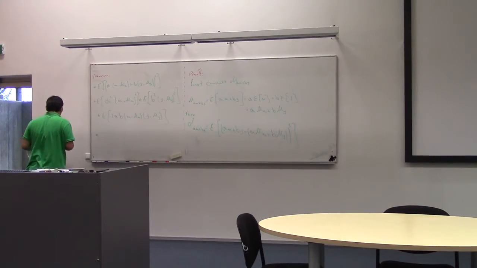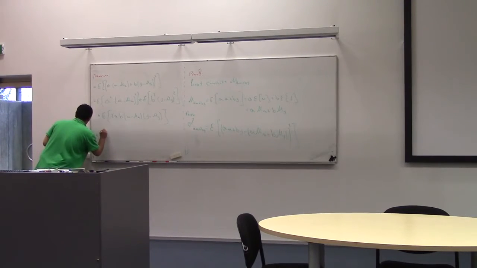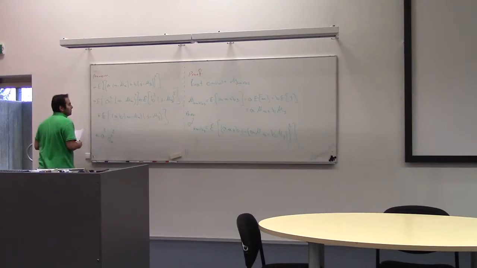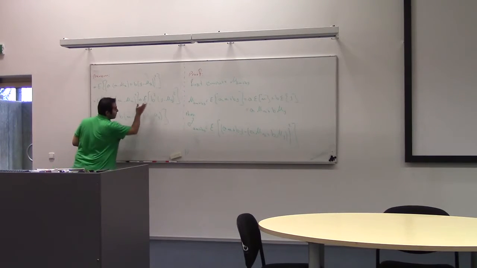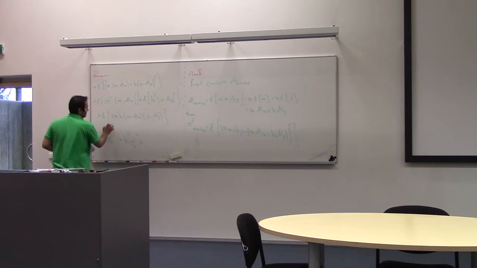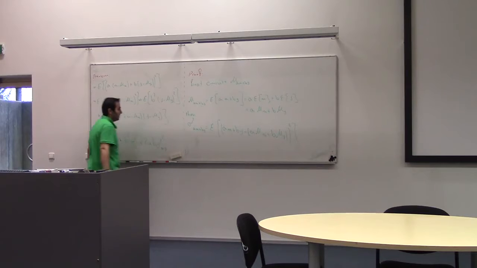It is equal to a² σ²_X from this part, plus b² σ²_Y from this part, plus, since it's a constant, we can send it here and write 2ab σ_XY.